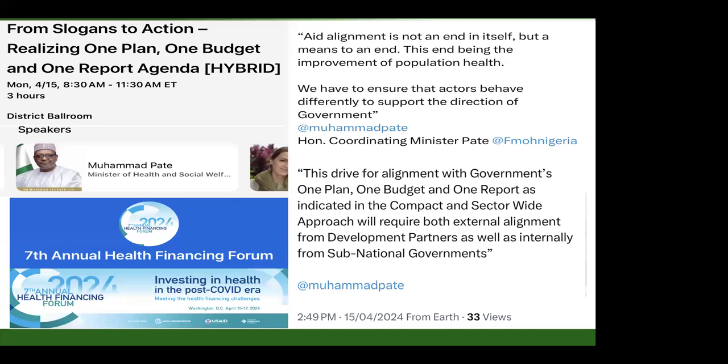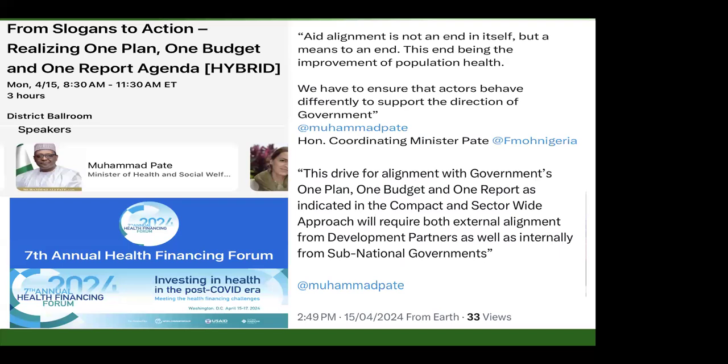The minister enforces and speaks about the fact that it is not enough for us to move towards harnessing all the financing resources so that they can be more effective and better utilized, but that it is important that they are aligned. He speaks, and I quote him, in a meeting in the Health Financing Forum where he attended and spoke, and he said, aid alignment is not an end in itself, but a means to an end.